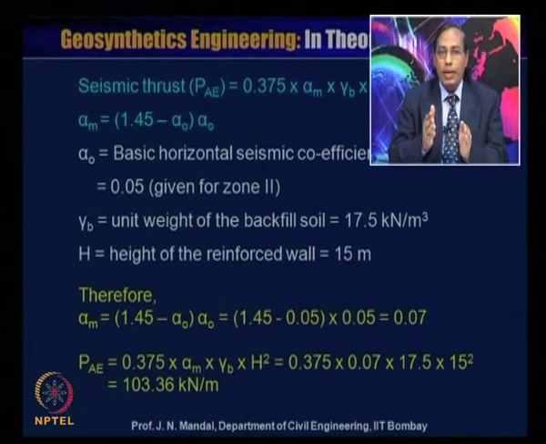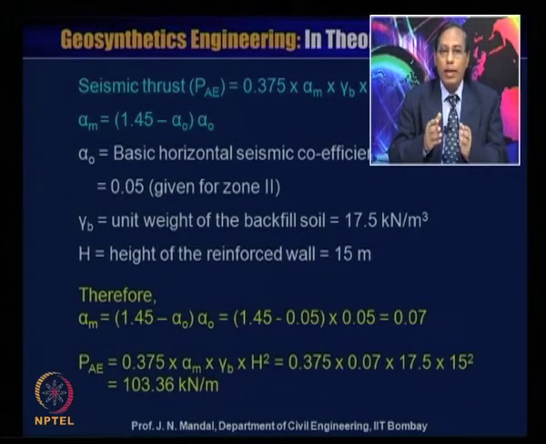India has different zones, zone 1, zone 2, zone 3, zone 4, and you have to be careful in the selection of the basic horizontal seismic coefficient, that is alpha 0.